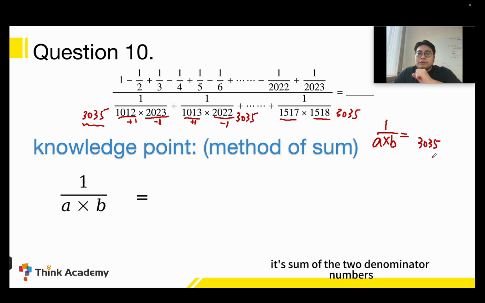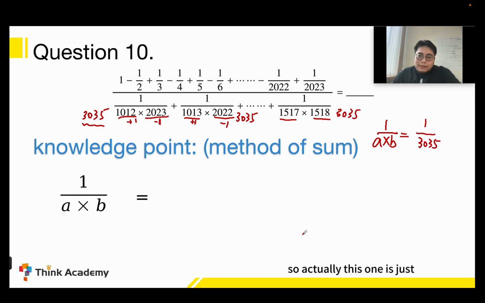It's the sum of the two denominator numbers. So I want 1 over 3035, right? Actually this one is just 1 over a plus b. So 1 over a plus b times what can be 1 over a times b?